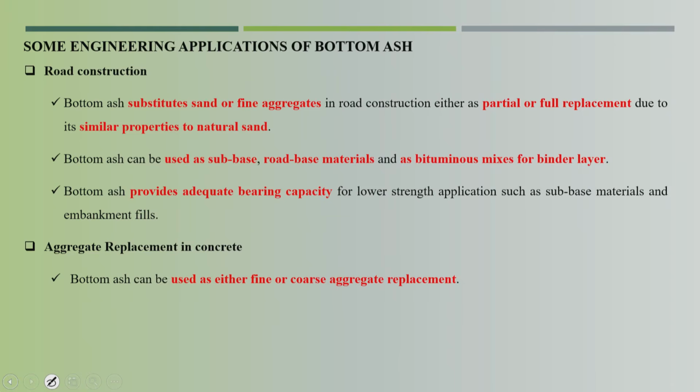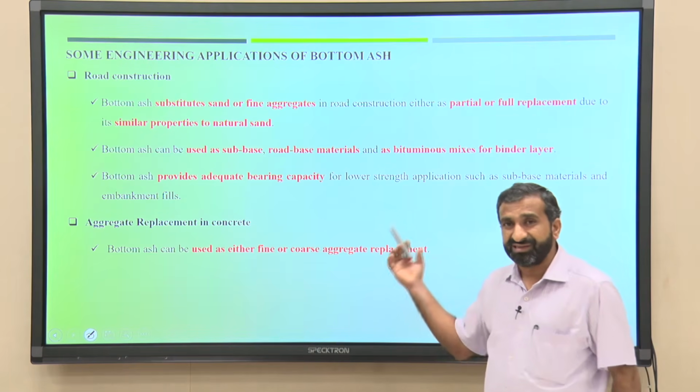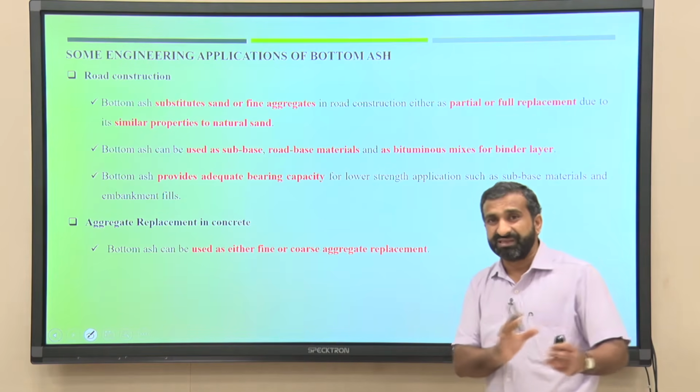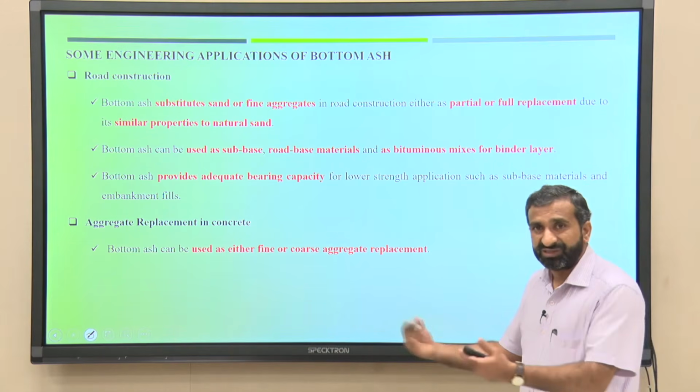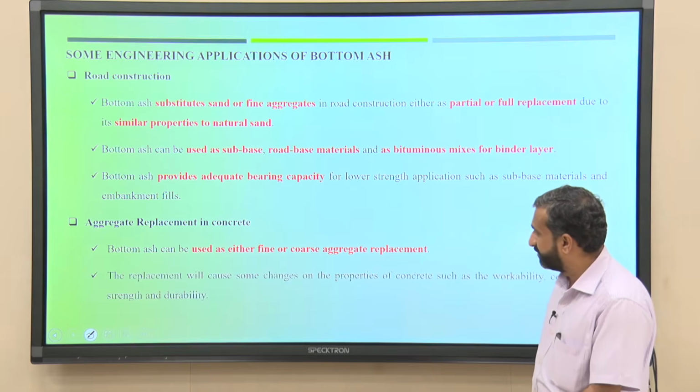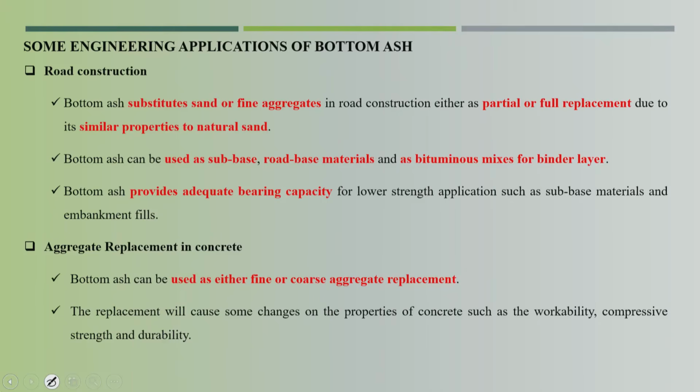If you know the particular size, in the separation process we can separate out that size, which we can then use for aggregate purposes. The replacement will cause some changes in the properties of concrete such as workability, compressive strength and durability.